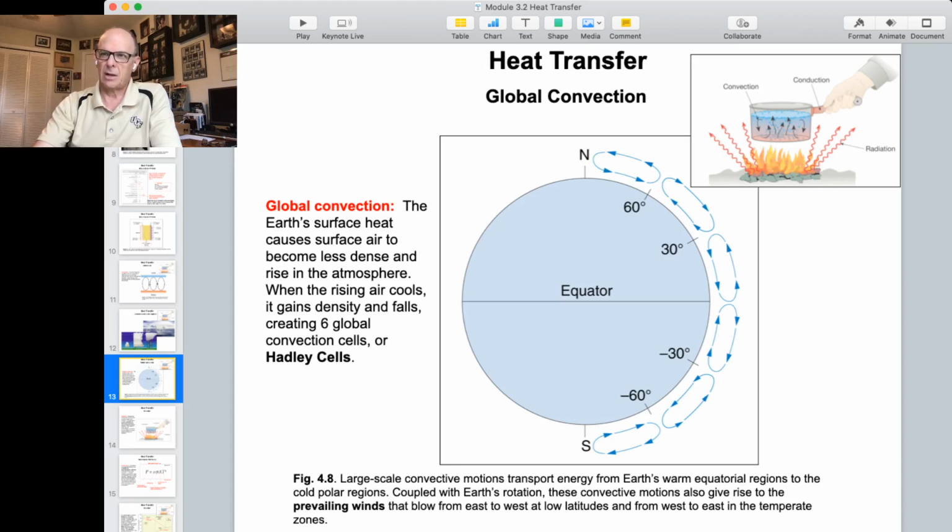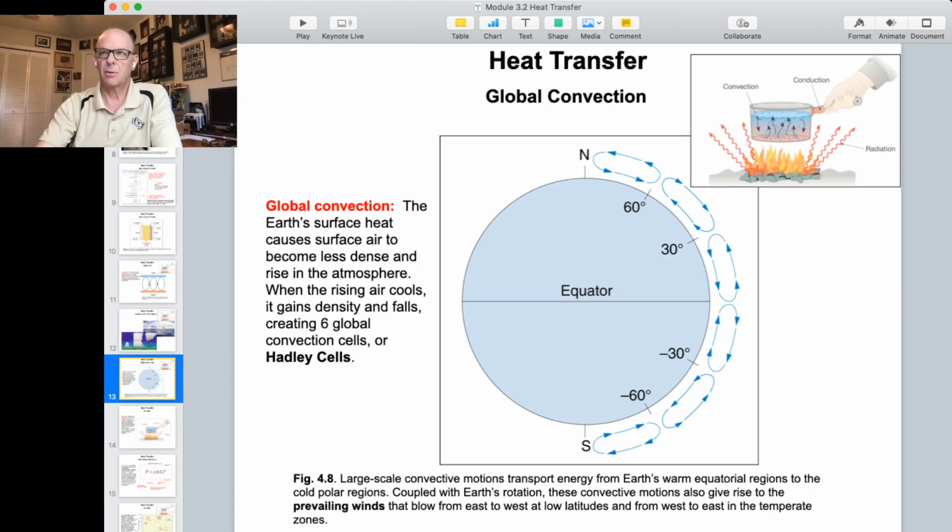There are three of these big cells of convecting air in the Earth. This is global scale convection, not the local convection that gives us thunderstorms here in Florida. This is global scale convection. And as it happens, there are three of these big convecting cells that are called Hadley cells in each hemisphere of the Earth.